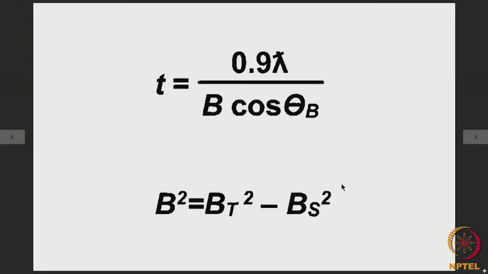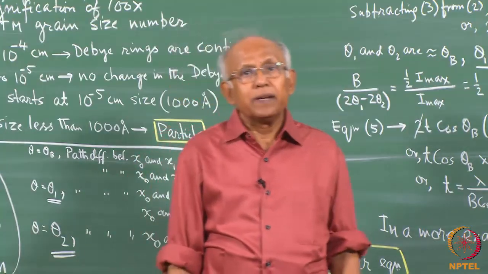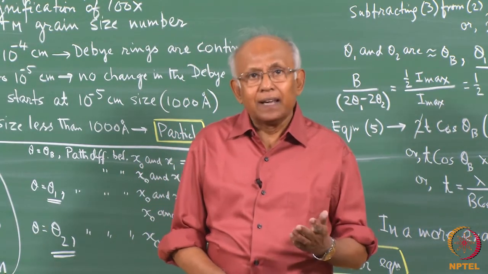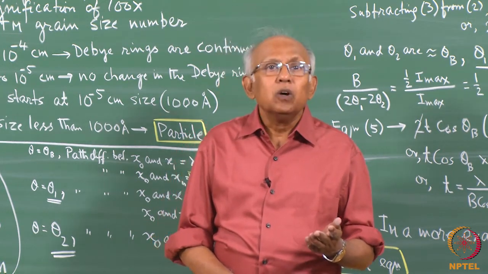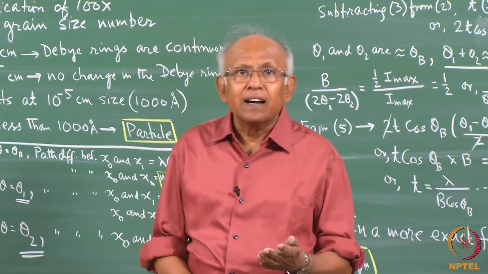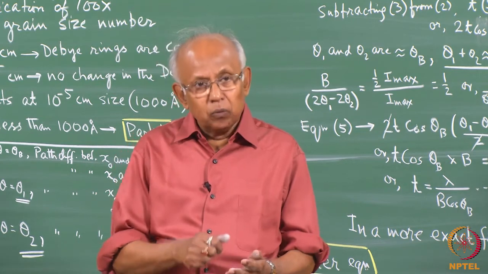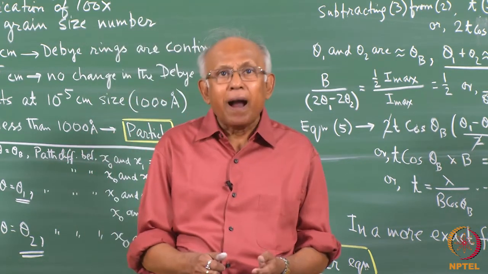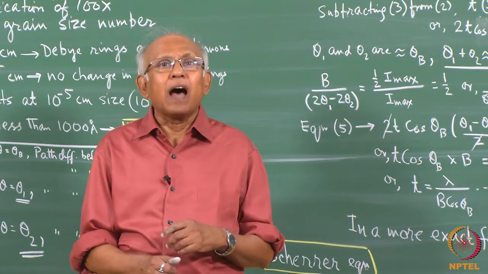Now, B_T is the total measured breadth, and what is B_S, how do we find out its value? Well, we can do it in this manner. To the material which we are working on, we mix a standard material, and the standard material must have a particle size greater than 1000 angstrom.